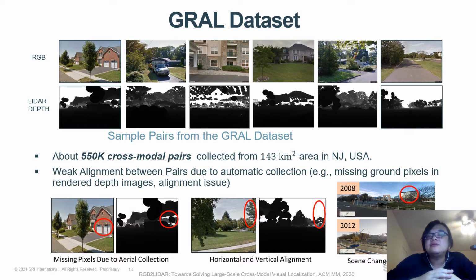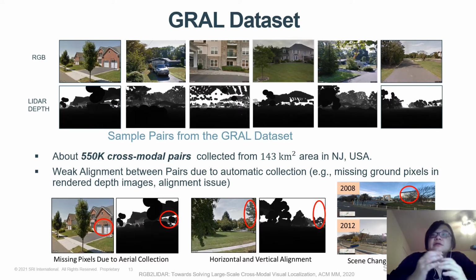Because the data collection process is automatic, it may include some misalignment situations. For example, here we show an example where the rendered depth map misses pixels due to the aerial collection. Because the LIDAR data collection is from the air, the viewing direction may miss values along the vertical direction, such as the area under the top of the building.